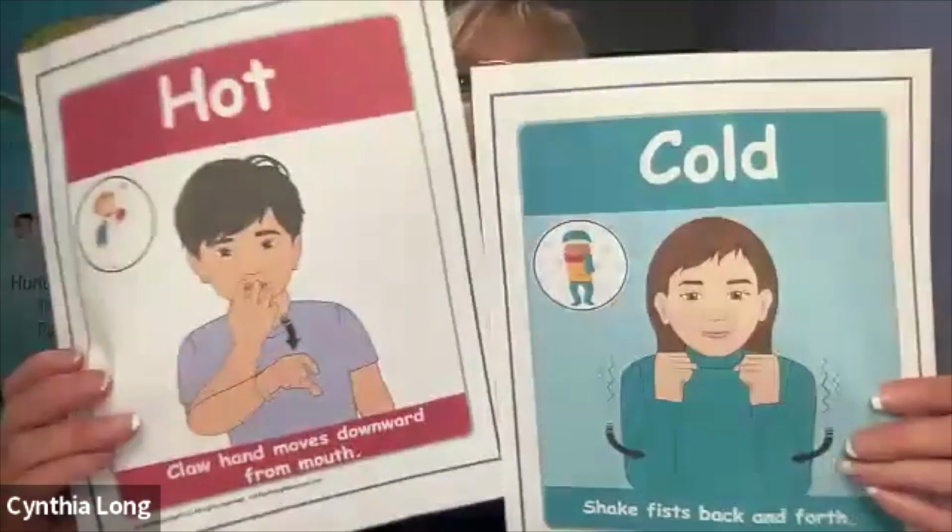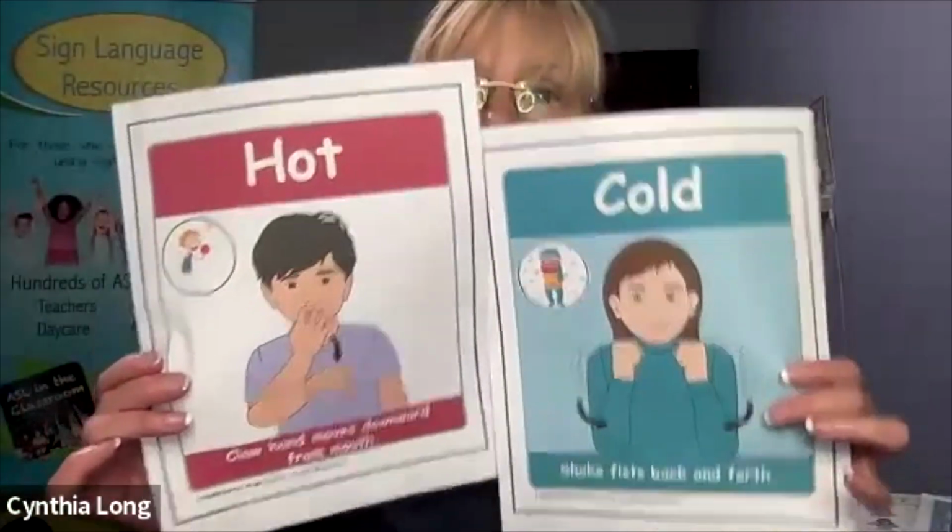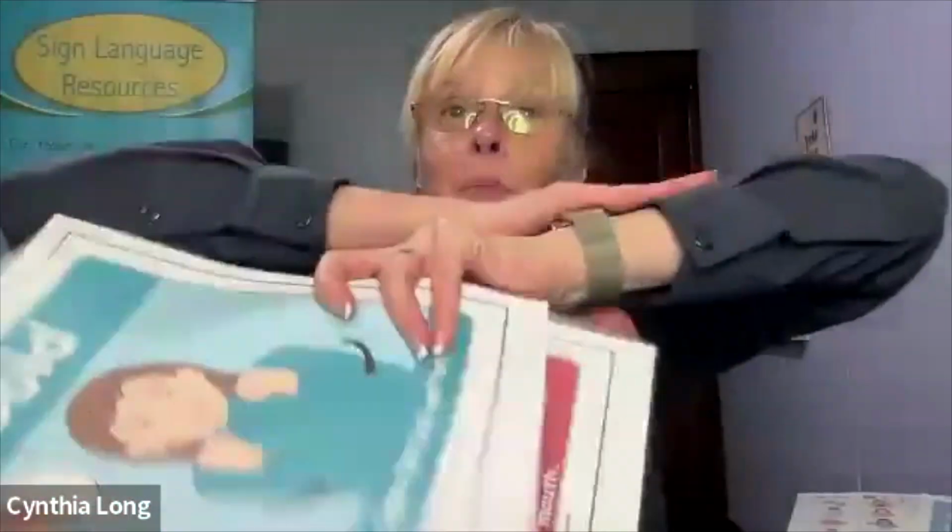I'll show you. So you could have the words hot and cold on the table. And then you either have pictures or you can have just real objects, and you say, go put that on the right sign.